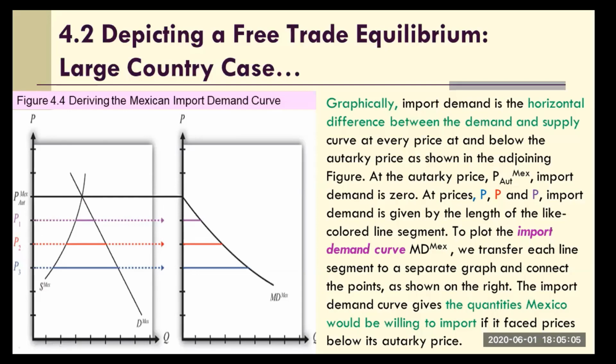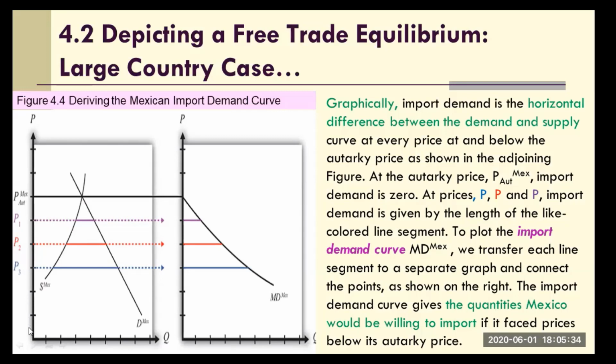But look at the difference between the demand and supply curves at every price at and below the autarky price, as shown in the adjoining figure. At the autarky price, import demand is 0. At price P3, the price is very low.